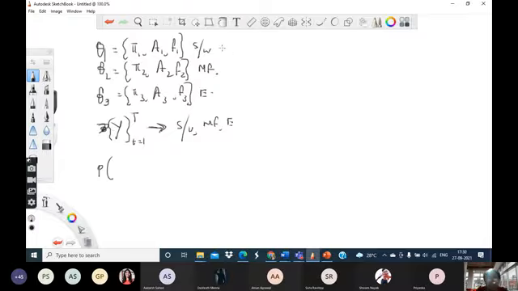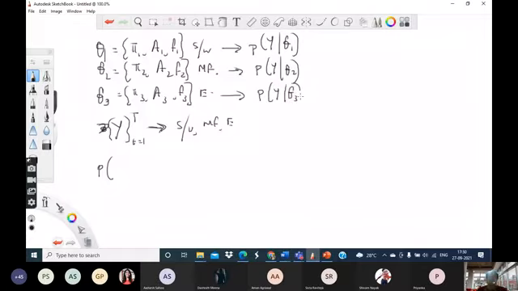So here you calculate P of y given theta 1. Here you calculate P of y given theta 2. And finally here you calculate P of y given theta 3. Right. So suppose I have calculated these three probabilities.